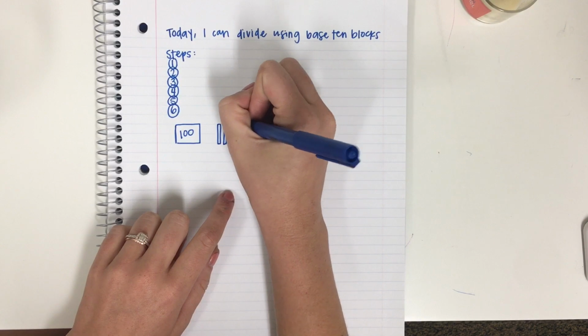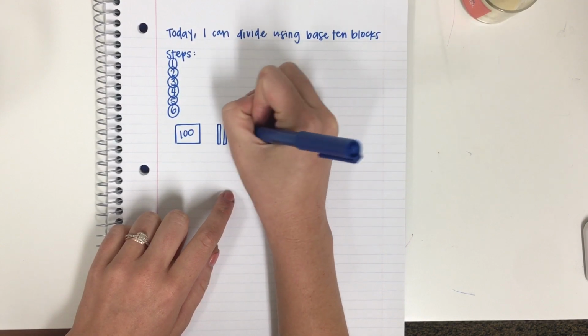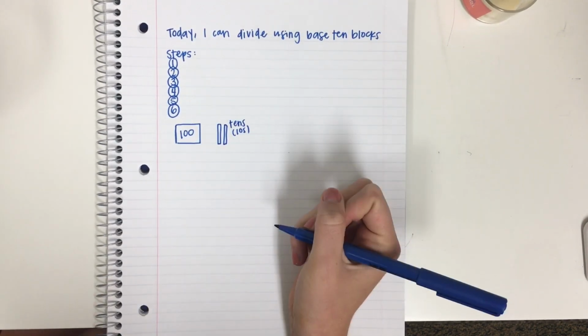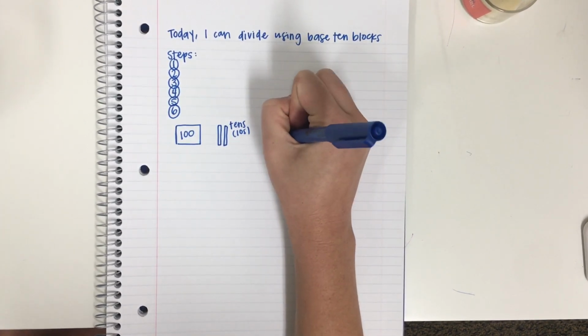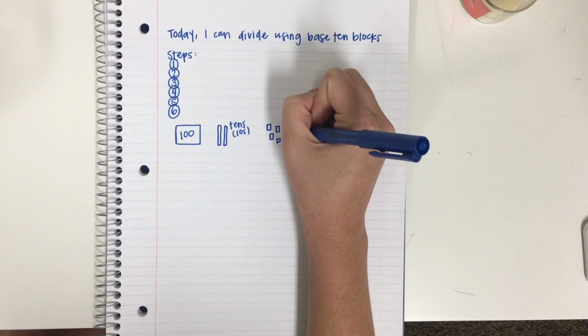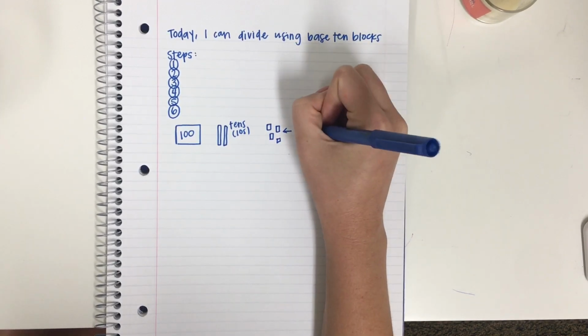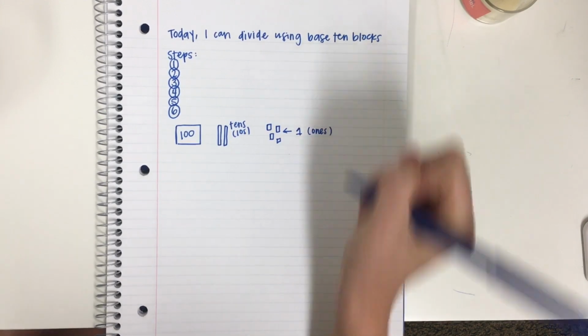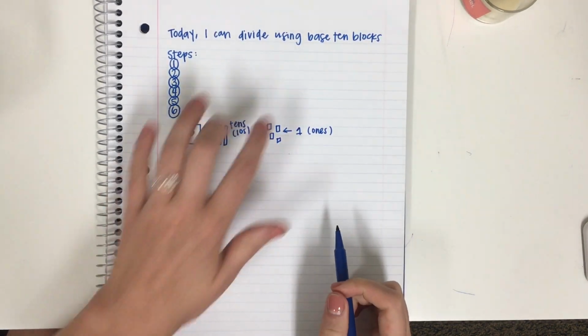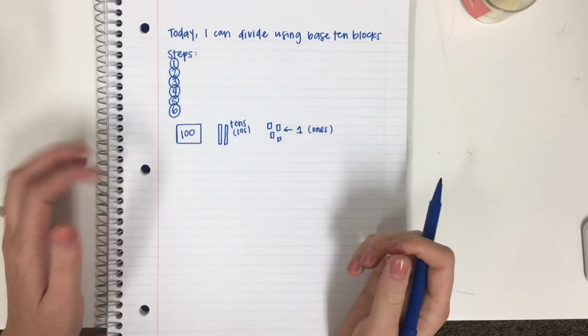We can call these 10s. And then you have just 1 blocks that look like this. These are our ones. So that's what we mean by base 10 blocks, those blocks you play with.